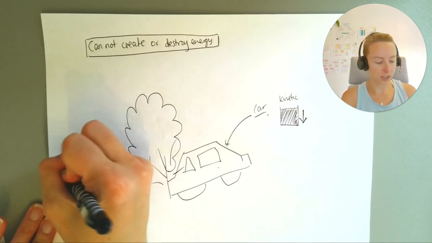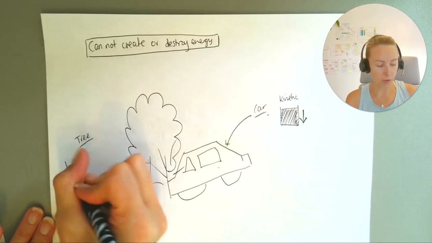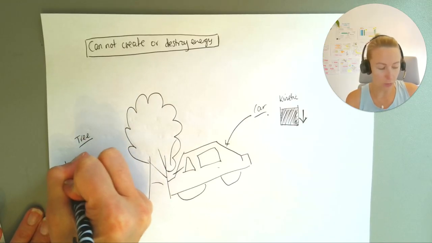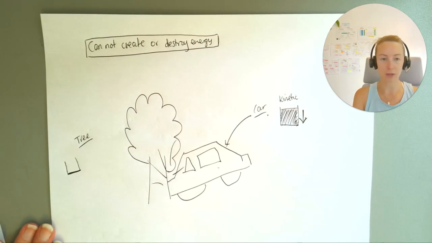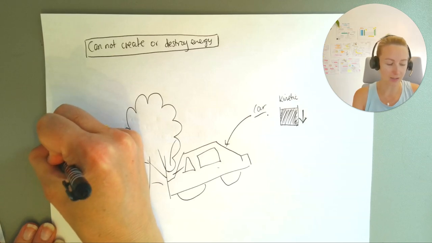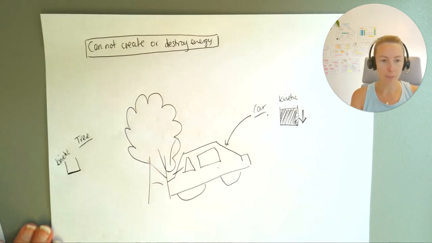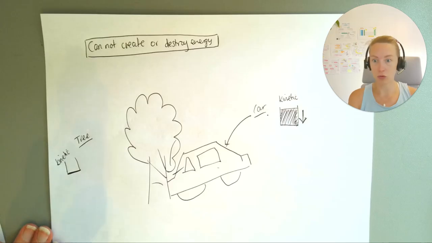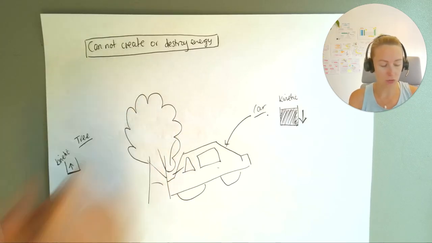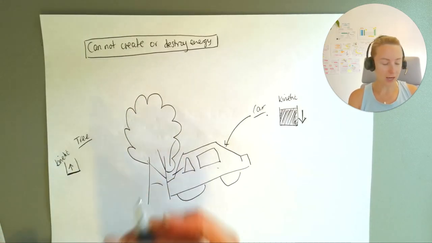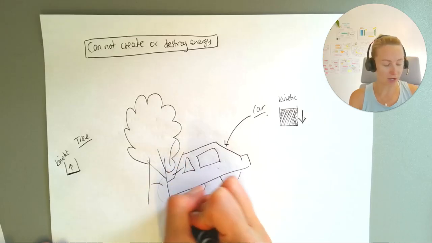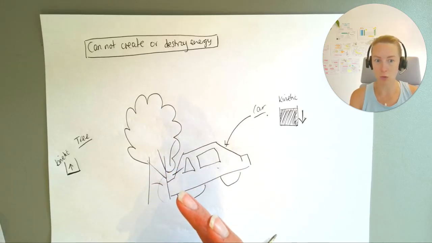The tree, prior to the car hitting it, might not be moving, or it might be moving just a little bit, maybe in the wind or whatever. It might have a little bit of kinetic. So if this was the kinetic store of the tree, when that car hits it and the tree moves, the kinetic store is going to move up. And actually this area around the crash site is going to start feeling quite warm as well.